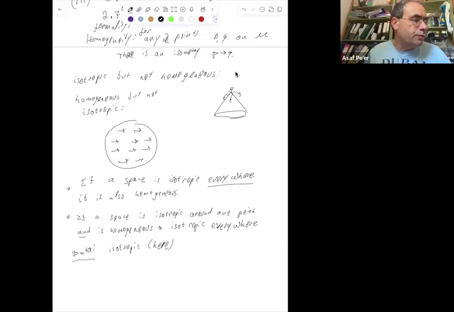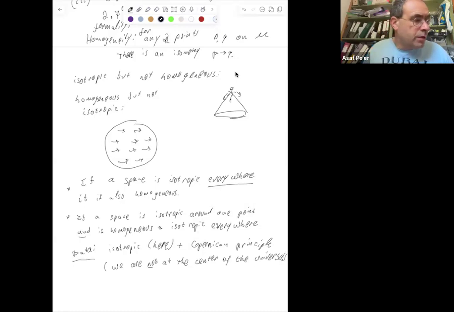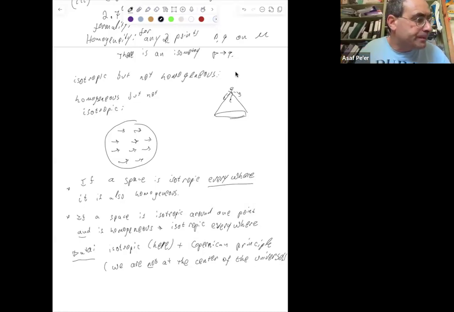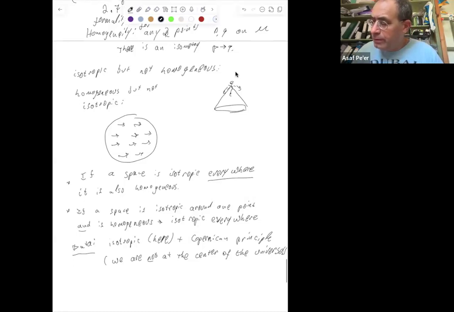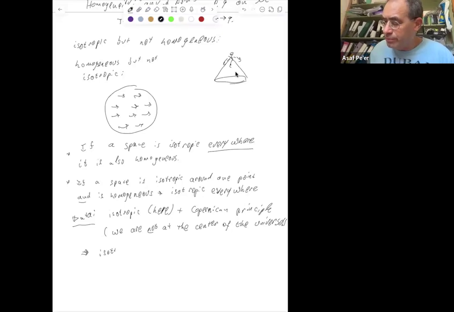And then we have to use the Copernican principle, which again states that we are not at the center of the universe. That results in isotropic everywhere.